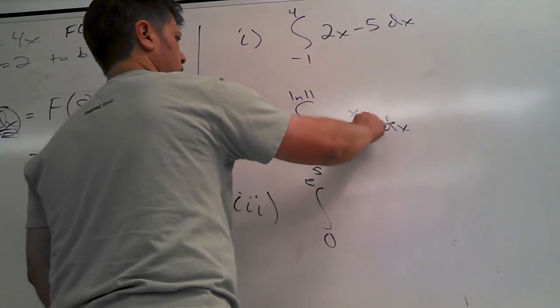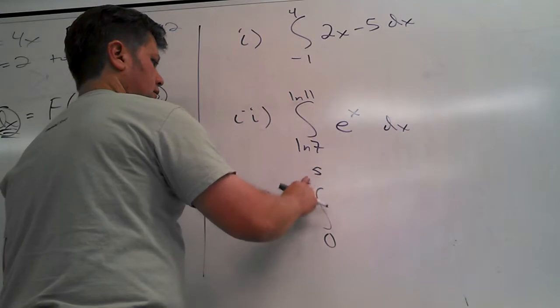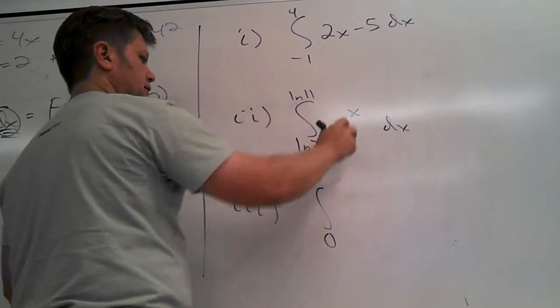And just make that like that. Sorry. I was trying to be nice and that was evil. So in the second one, make it just e to the x inside.